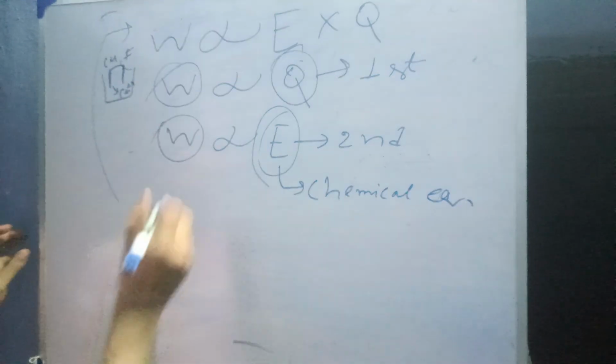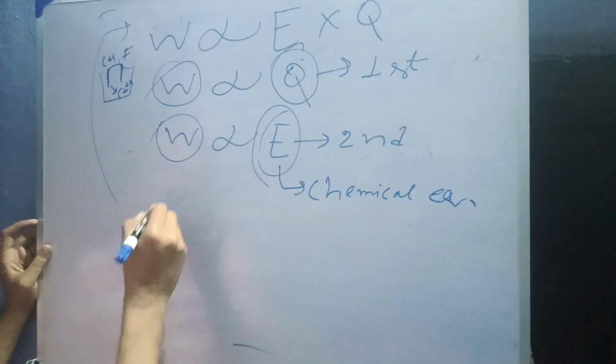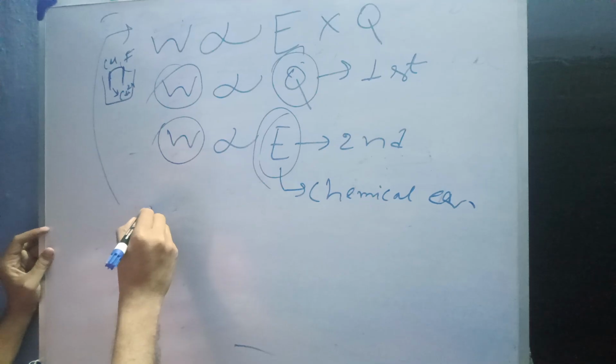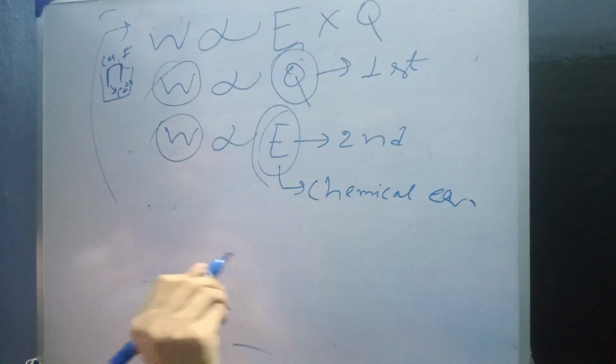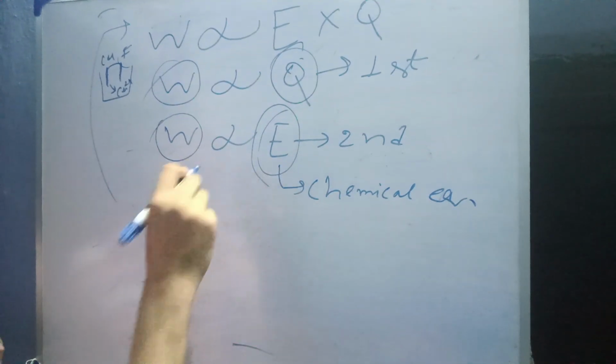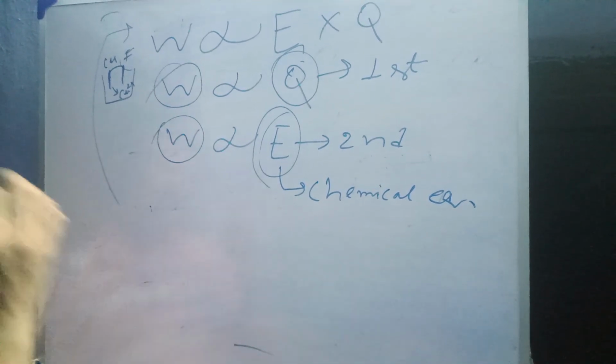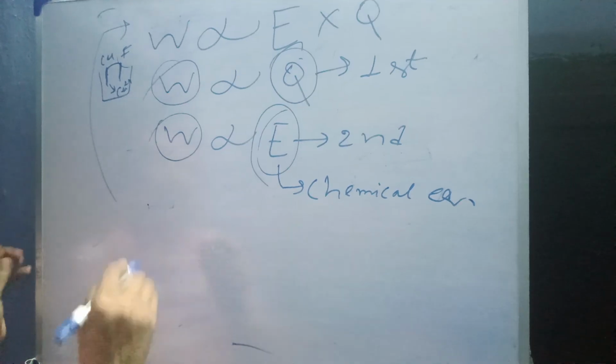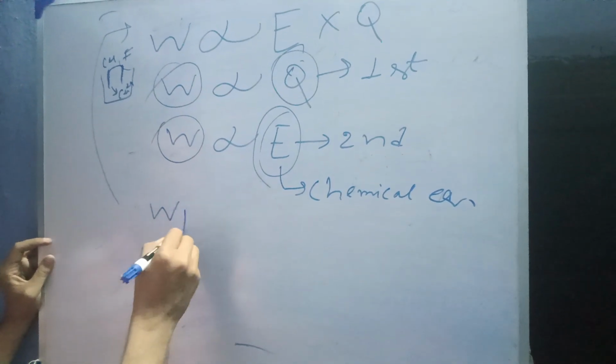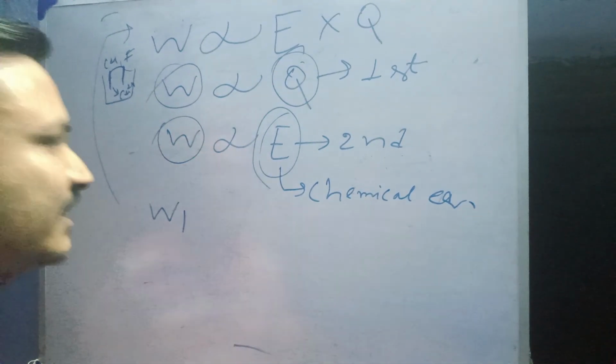Now from the second law we can also say that if we pass Q coulomb of charge through a solution, it will produce W1 gram of a substance at the cathode.